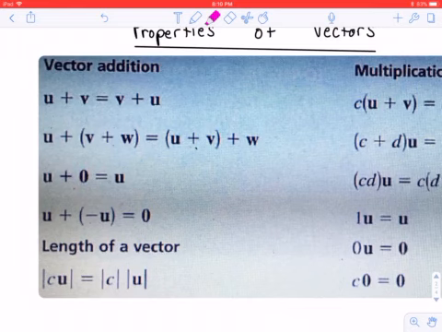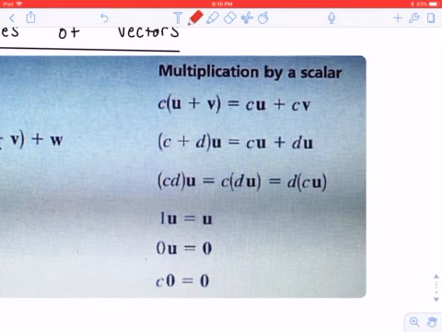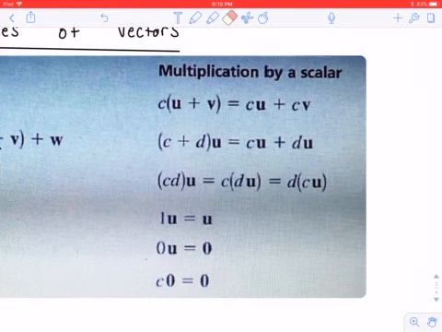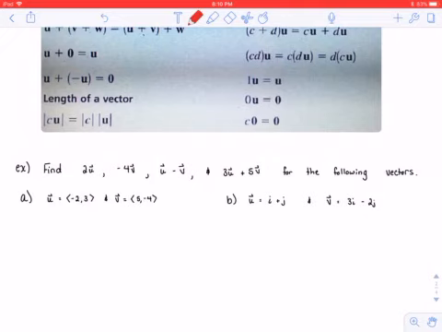It's just very basic. Also, if I'm multiplying by a scalar, I just distribute my c. That's it. Or u, whatever the vector is, it doesn't matter what it's called. You just distribute. So again, common sense rules here. It's easier to show these through examples, so I'm going to do that now.